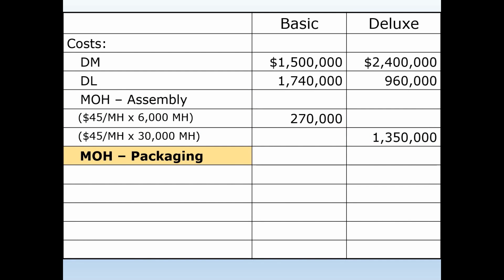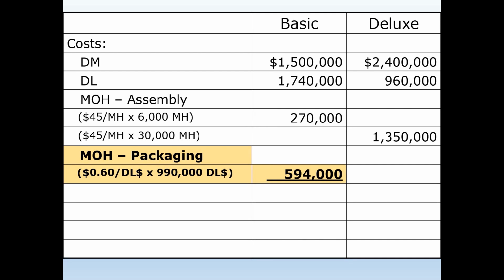For the packaging department, we multiply the 60 cent per labor dollar overhead allocation rate times the number of labor dollars that the basic units use in the packaging department to get the total amount of packaging department overhead that belongs to the basic units. We can do the same thing for the deluxe units by multiplying the 60 cent per labor dollar allocation rate times the number of labor dollars that are used by the deluxe units in the packaging department.